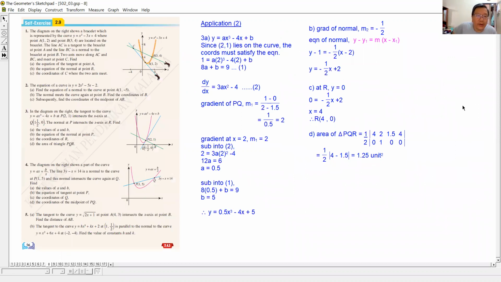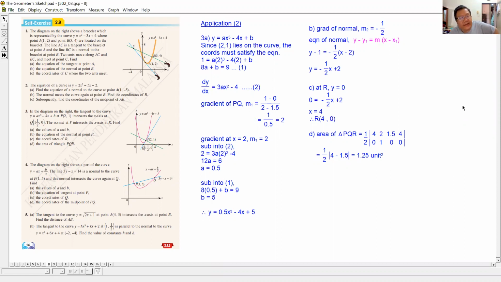I'm going to show you two examples from exercise 2.9. So I'm going to show you examples using question number 3 and question number 5. The others, number 1, number 2, and number 4, you do it yourself.